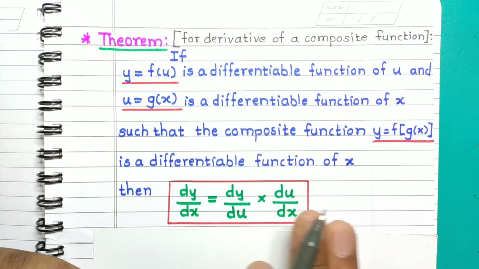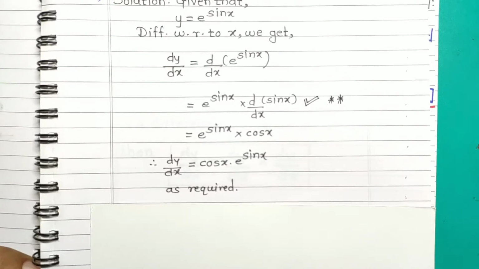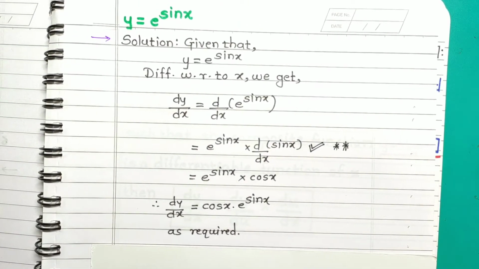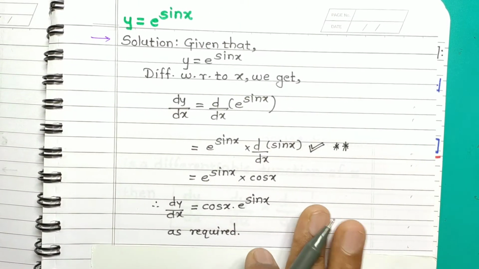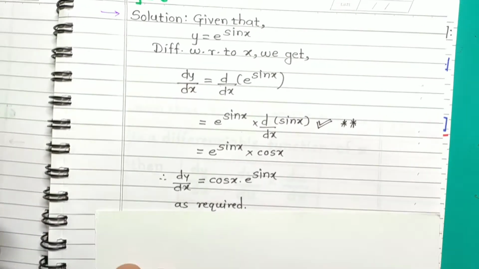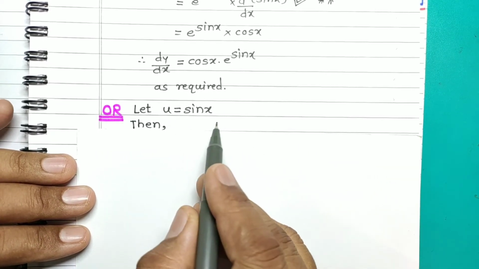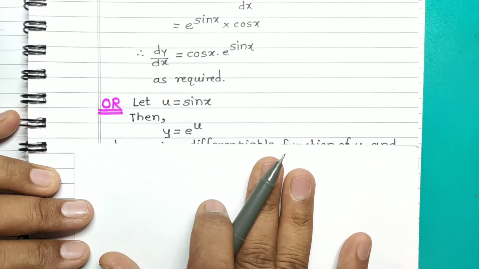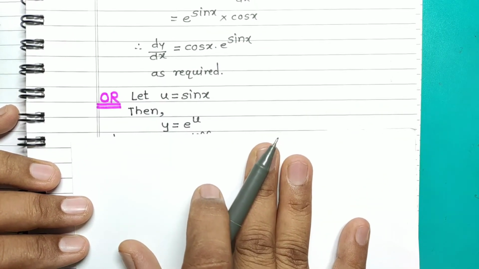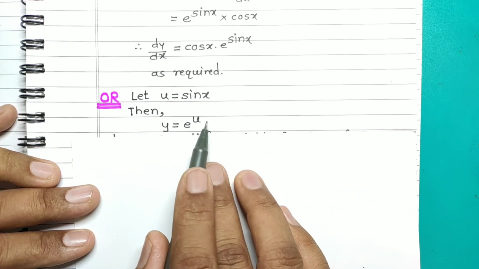Now let's see how the previous example works according to this rule. Students, see, we have just solved this example. Now let's see how it works according to the rule. For this, let u is equal to sin x, then y becomes e raised to u, and therefore y is a differentiable function of u.